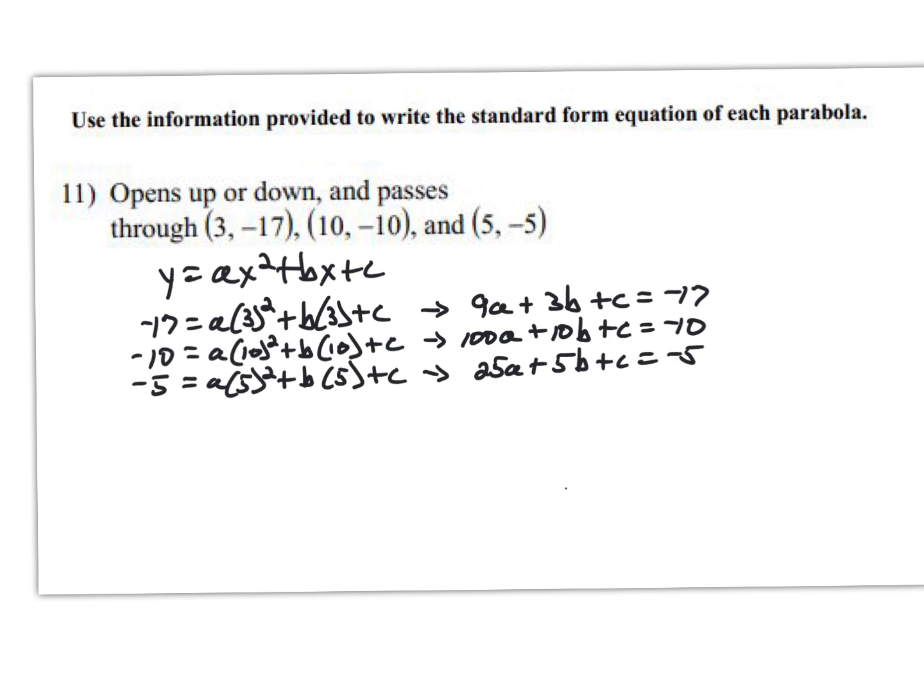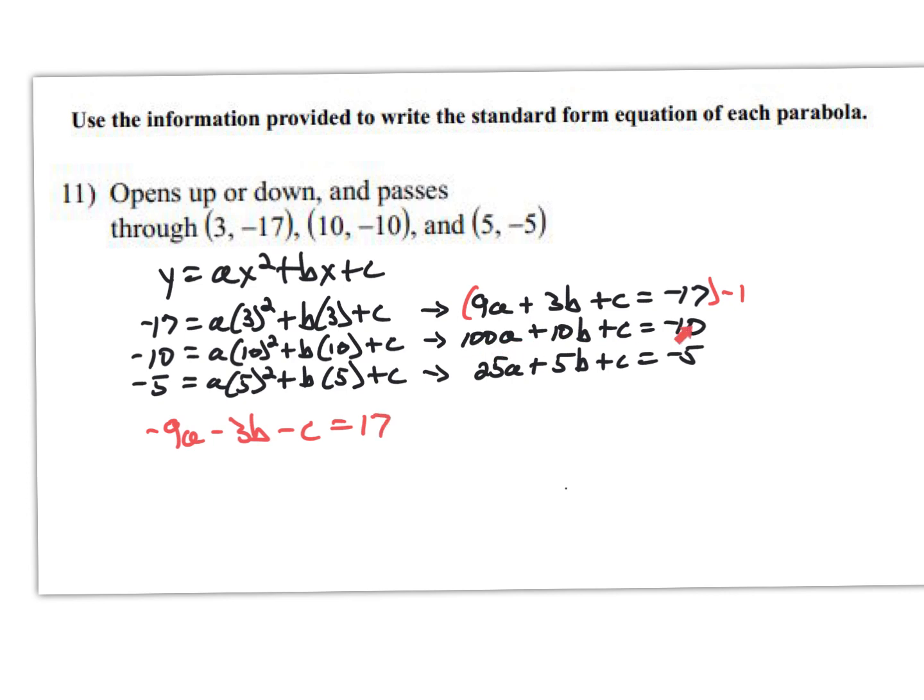This is a review of systems of equations that we worked on last 6 weeks. So I'm going to start by combining the first 2, but I am going to multiply the first one times -1, so that I have a minus c and a plus c that cancel each other out. So right now I'm going to rewrite this one by multiplying times -1. That's going to become -9a minus 3b minus 1c equals positive 17.